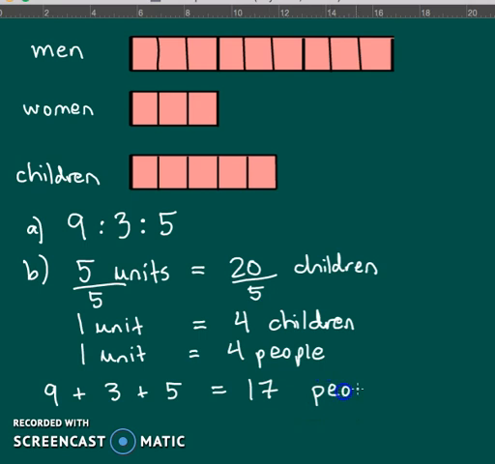That's 17 people. So 17 times 4 is equal to 68 people all together on the bus.